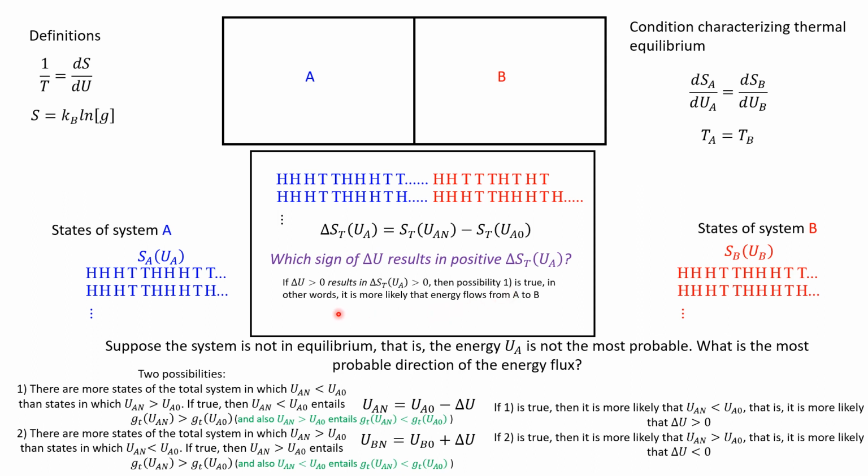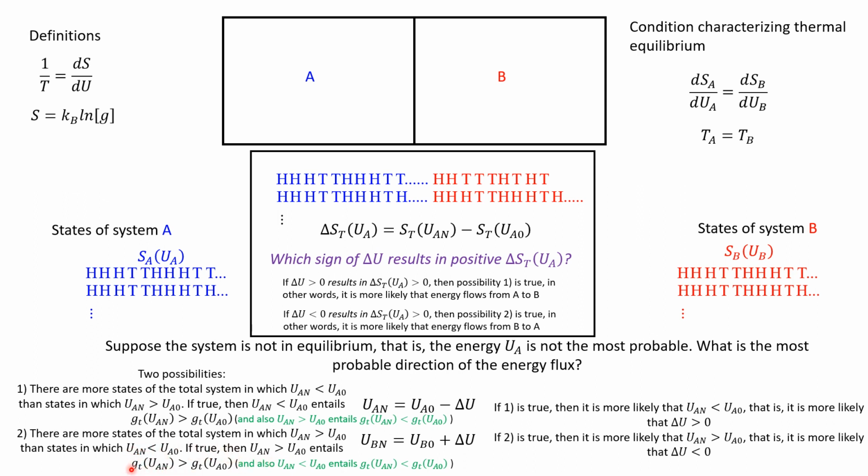In other words, we have identified that it is more likely that energy will flow from system A to system B than the other way around. On the other hand, if we find that delta U negative results in a positive variation of the entropy, then we have identified that this condition, in other words, negative delta U, resulted in this condition.